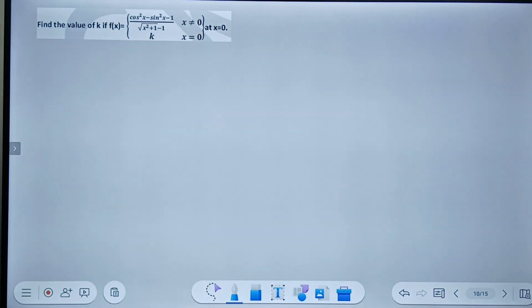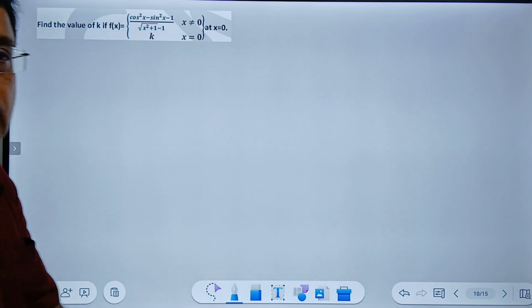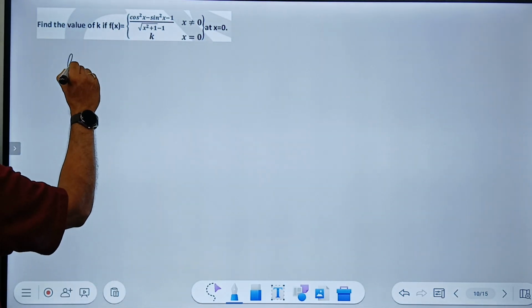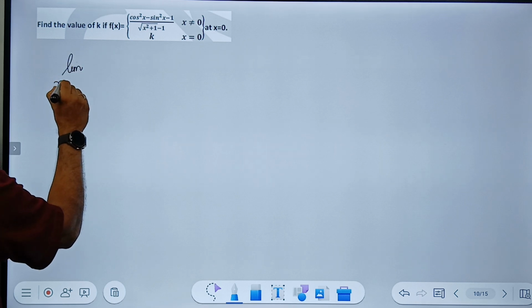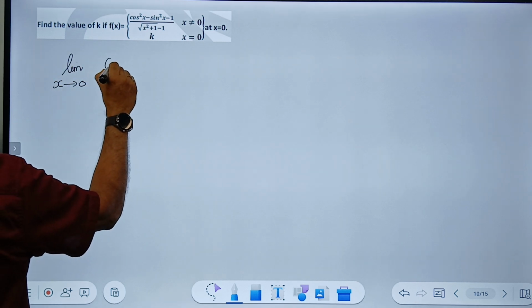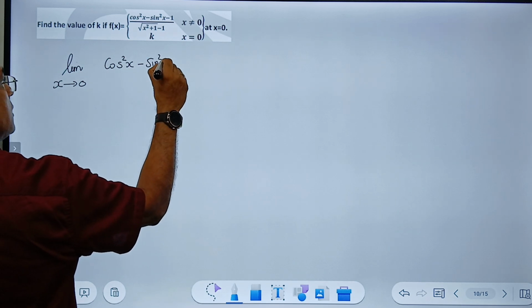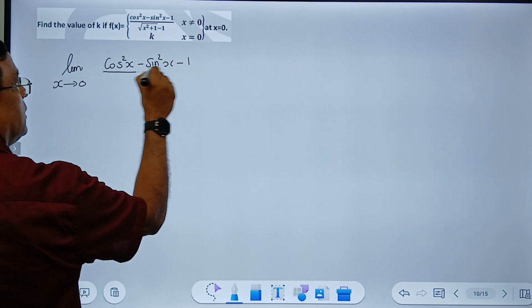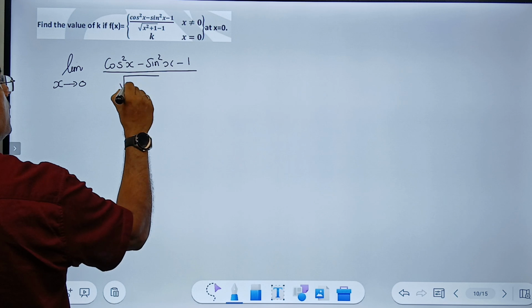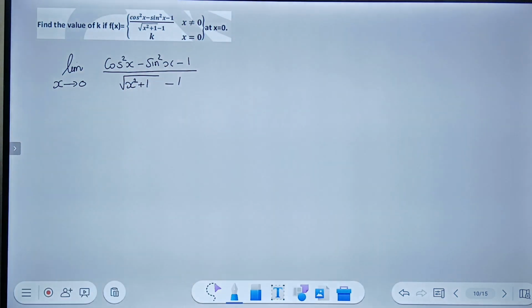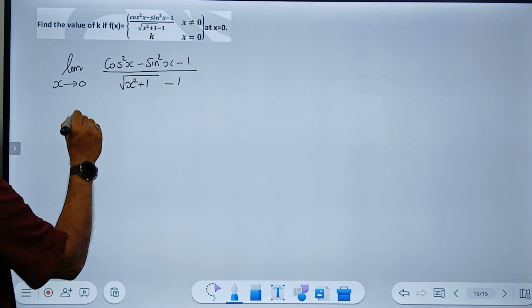Look at this. This is again a question where I don't have to use LHL and RHL. So limit x approaches 0, cos square x minus sin square x minus 1 divided by root of x square plus 1 minus 1. Now what I will do is very simple.